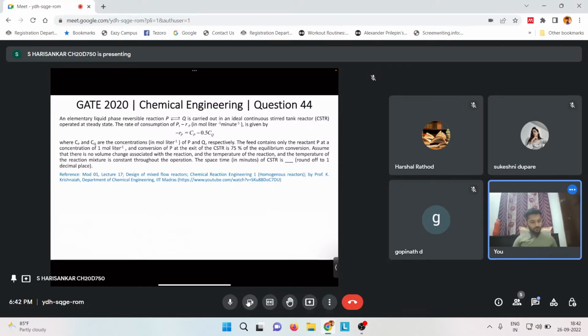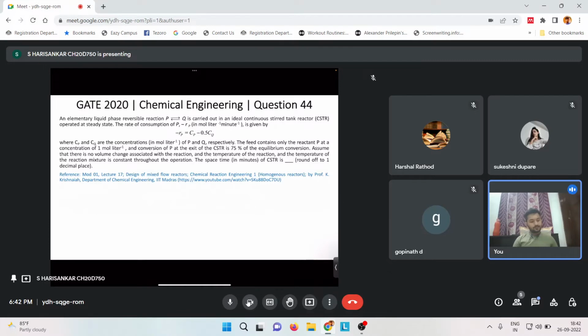So now we are looking into GATE 2020 question from chemical engineering, question number 44. An elementary liquid phase reversible reaction P reversibly gives Q is carried out in an ideal continuous stirred tank reactor or CSTR operated at steady state.